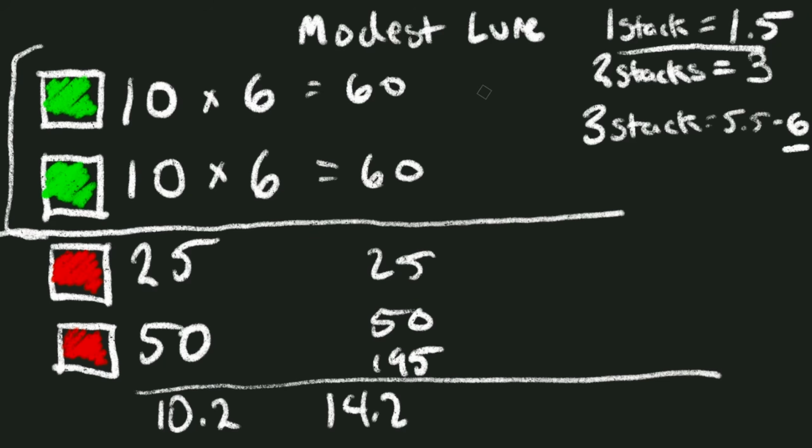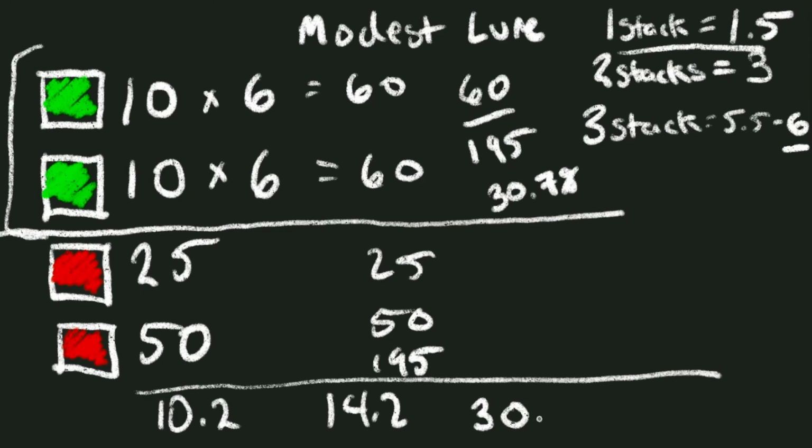And so 60 over 195 is about 30.7%. So you can see that at 0 stacks, we have a 10.2%. At 1 stack, it's a 14.2%. And then at 3 stacks, you have a 30.7%.